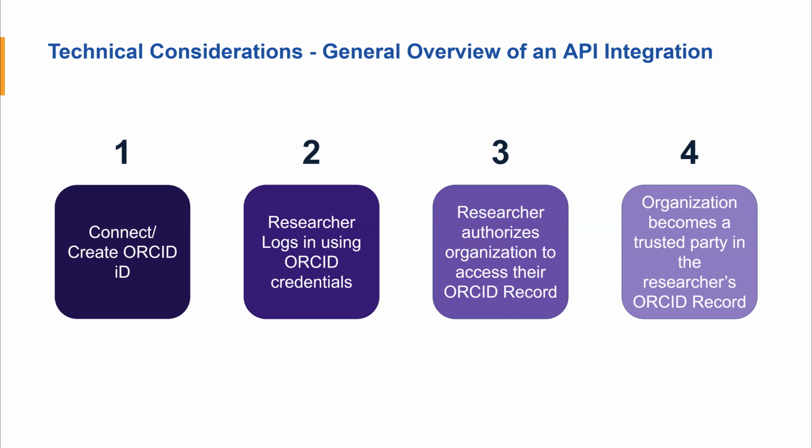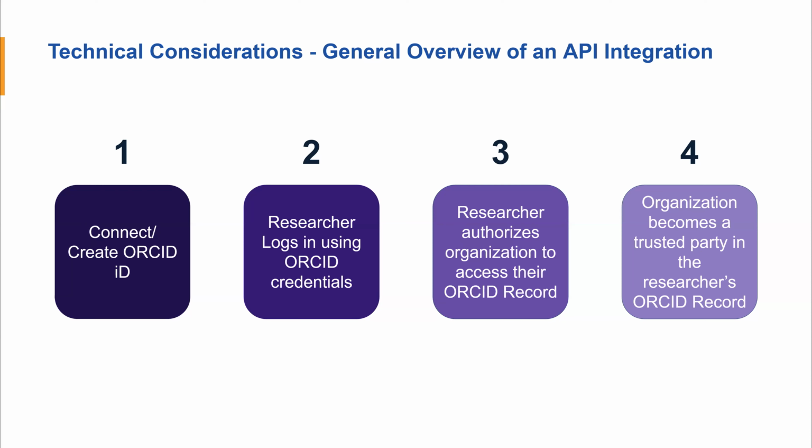Then your researcher logs in using their ORCID credentials. Then your researcher gives your organization authorization or permission to access their data. Accessing their data could be reading data from ORCID, writing data to ORCID, or both.